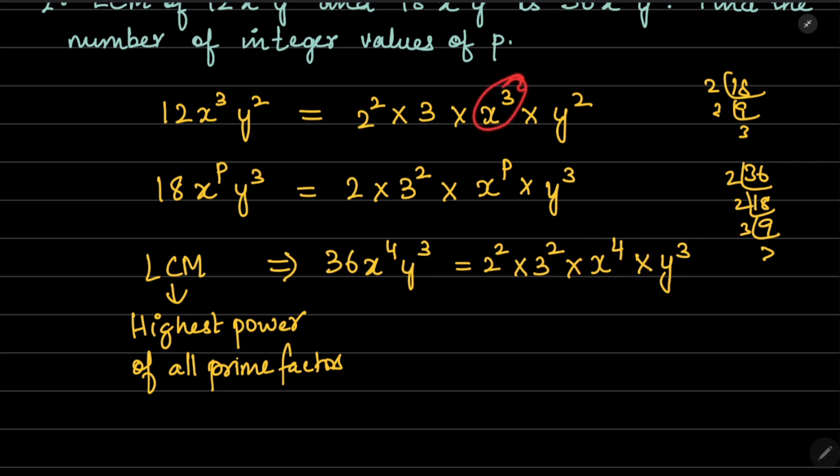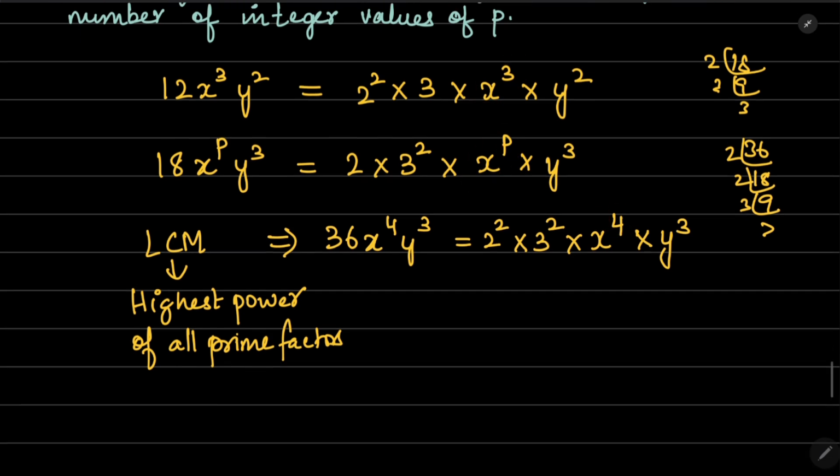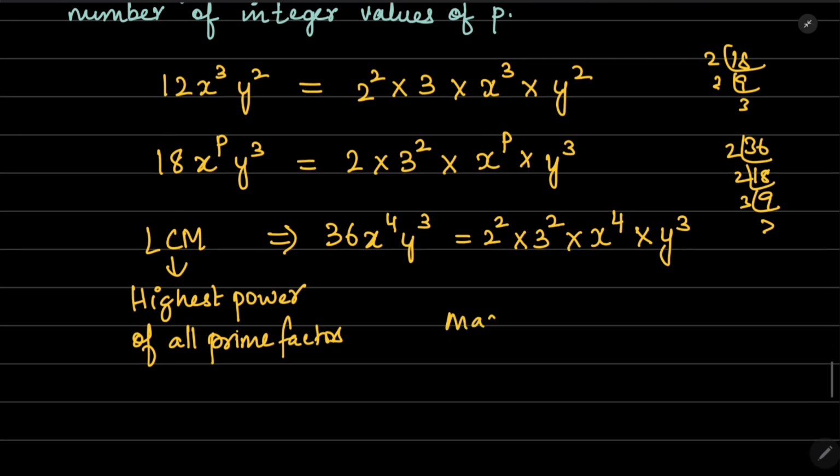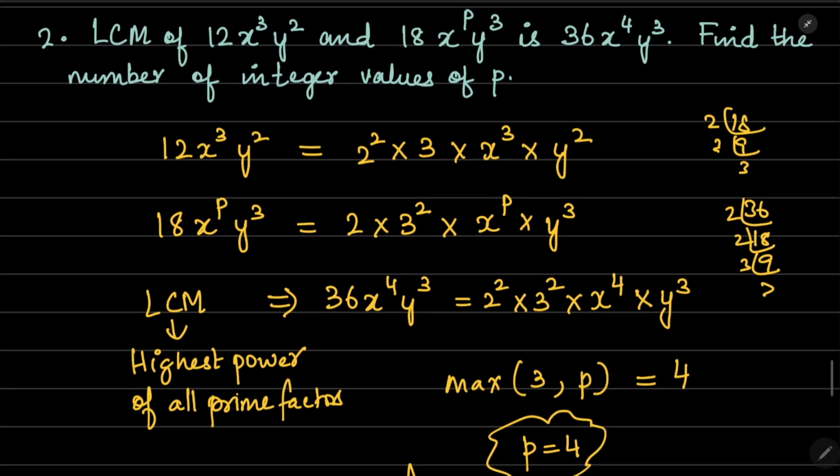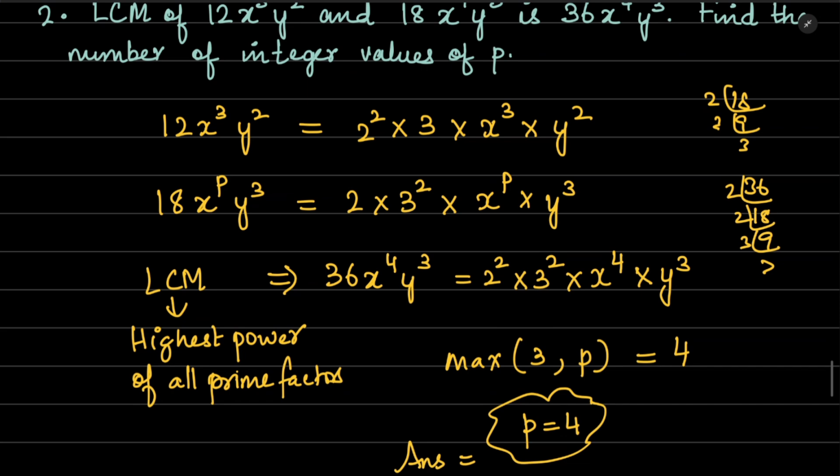Now if you compare x cube and x to the power p, the highest has to be 4. So the maximum of 3 comma p is supposed to be 4. So what would be the value of p such that the maximum is 4? p is going to be 4. So the answer is p equal to 4. Always remember for LCM you have to take the highest power of all the prime factors.